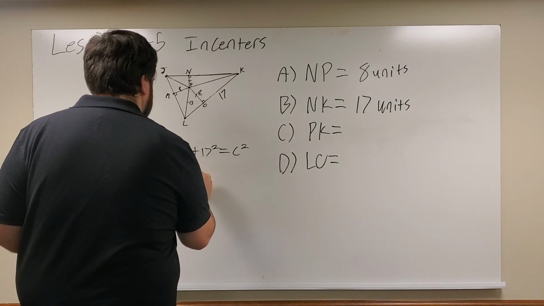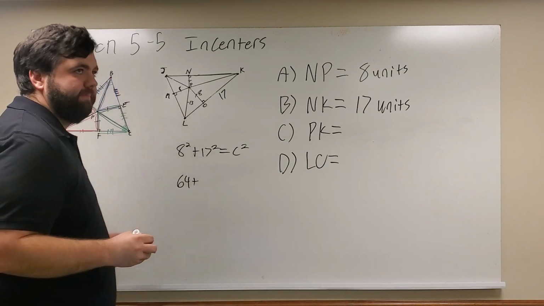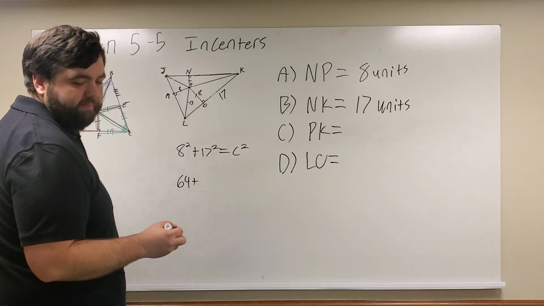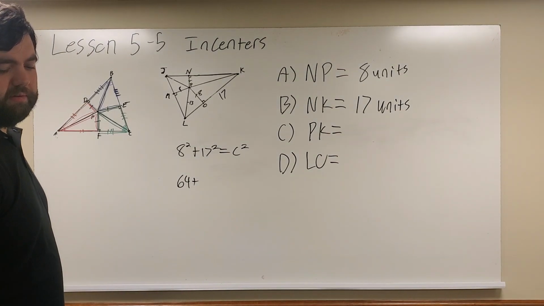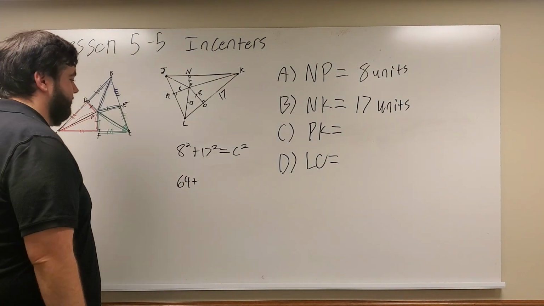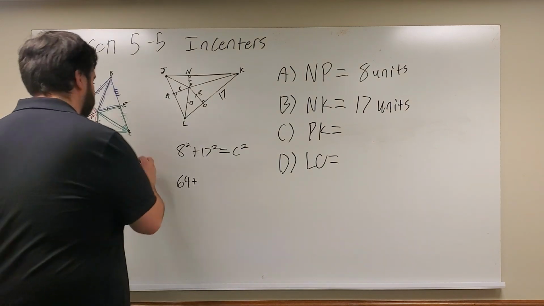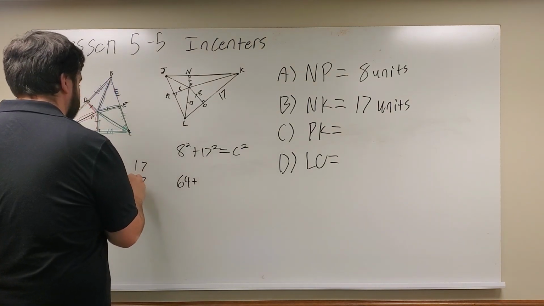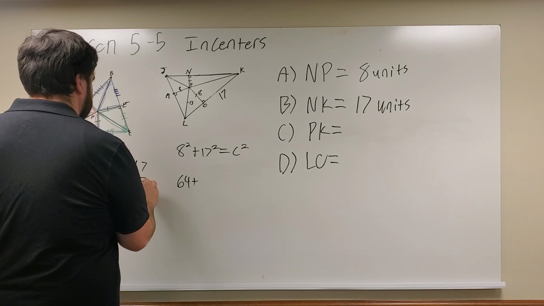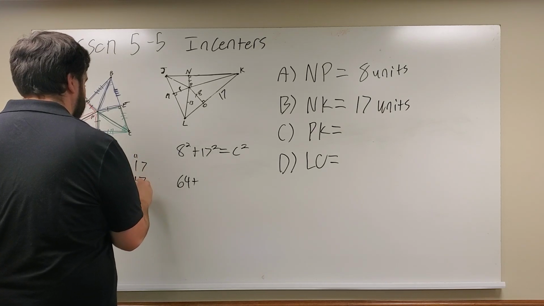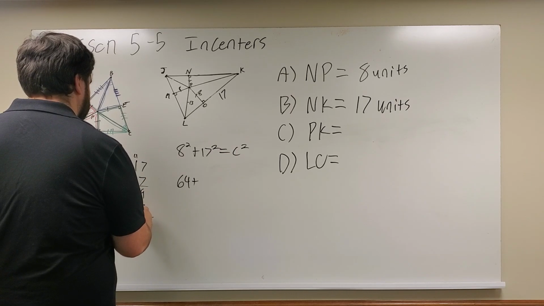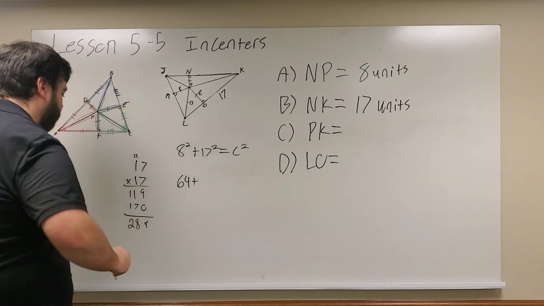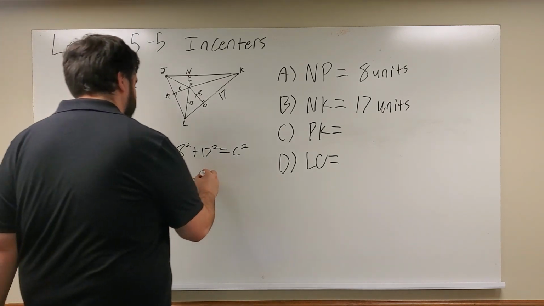It's going to give us 64 plus, I don't know, I should have got a calculator. 17 squared is 289, sounds right.